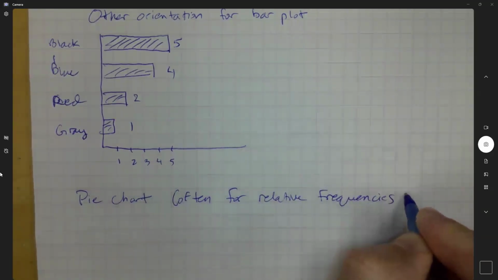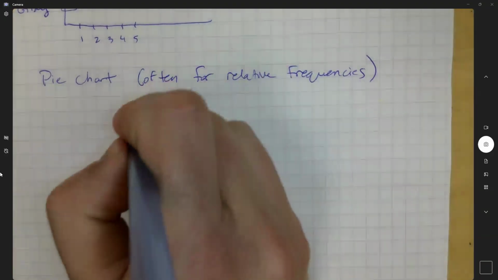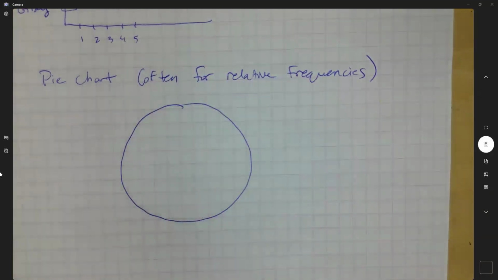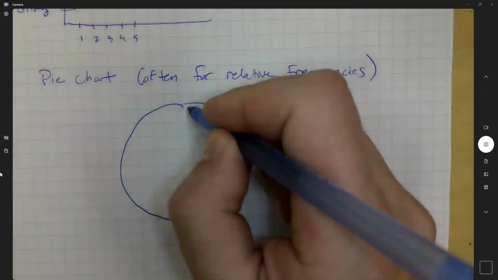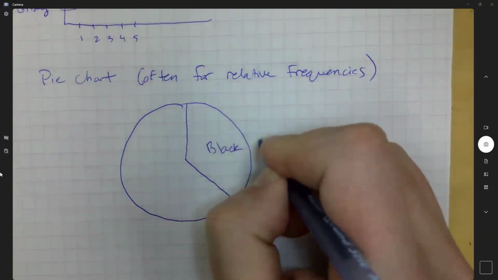It can be just for plain frequencies as well. So you draw yourself a nice big pie. And then you take your relative frequencies, which I have here. We got about 0.36 is black.